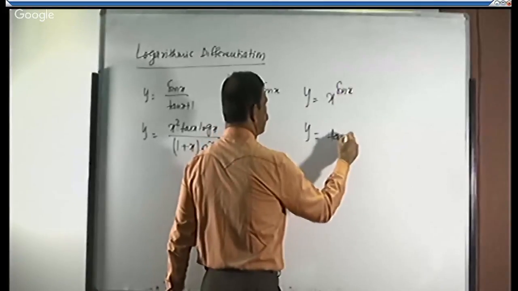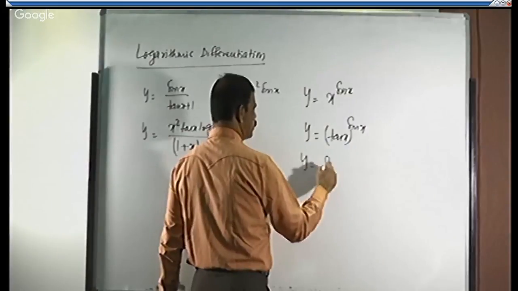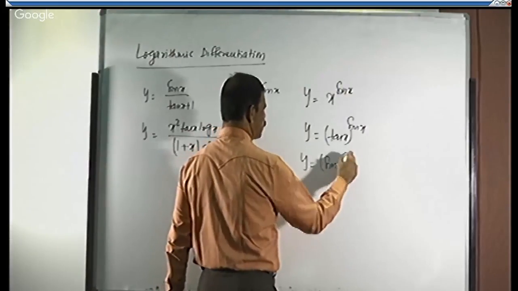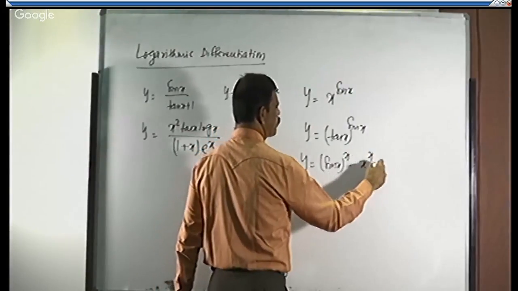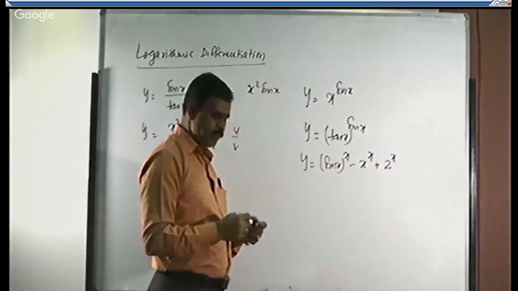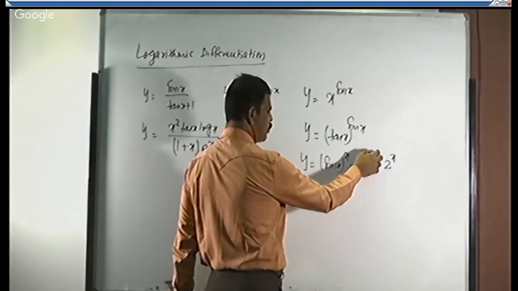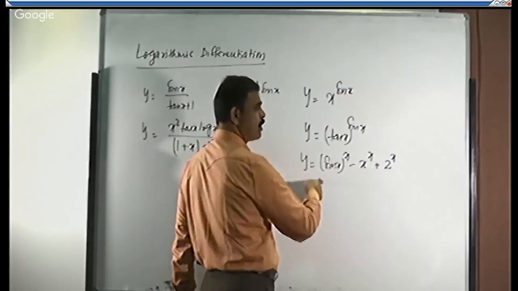See, y is equal to tan x to the power of sin x. y is equal to sin x to the power of x minus x to the power of x plus 2 to the power of x. The function is of the form function to the power of function. They are in sum or difference form.